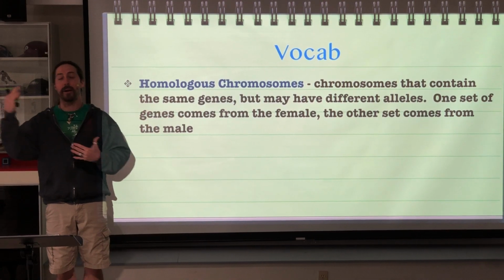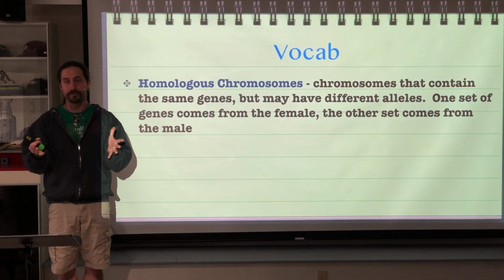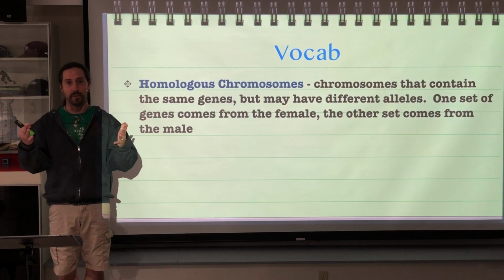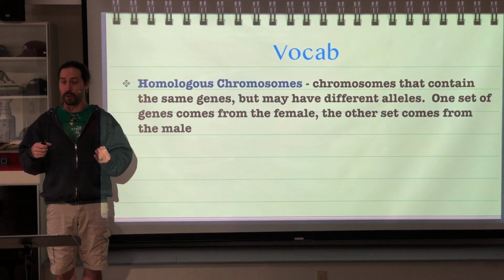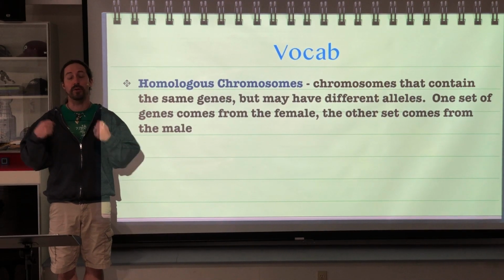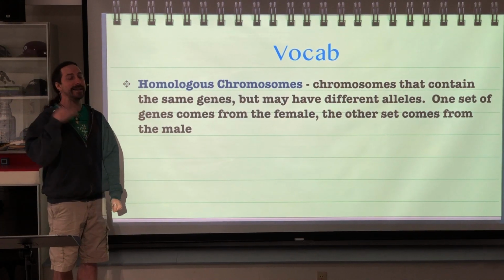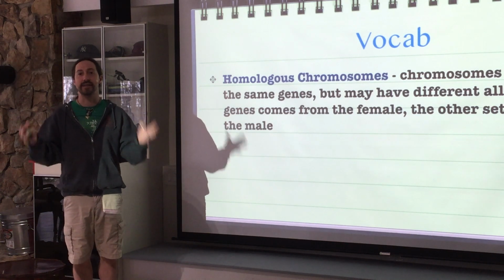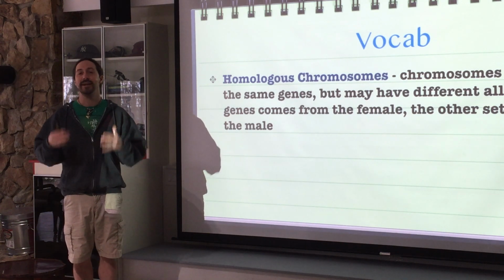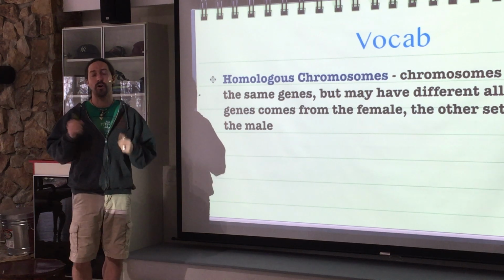So the male parent and the female parent each donated a set of chromosomes. So we all have 2 of chromosome number 1, for example. Those chromosomes are homologous to each other. Each chromosome number 1 has the exact same genes, but probably has slightly different alleles, slightly different variations of each of those genes that are contained on that chromosome.